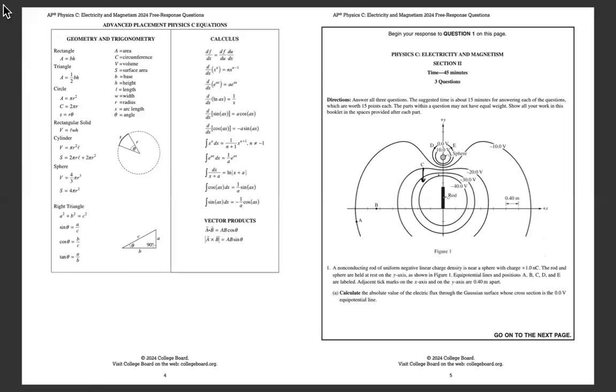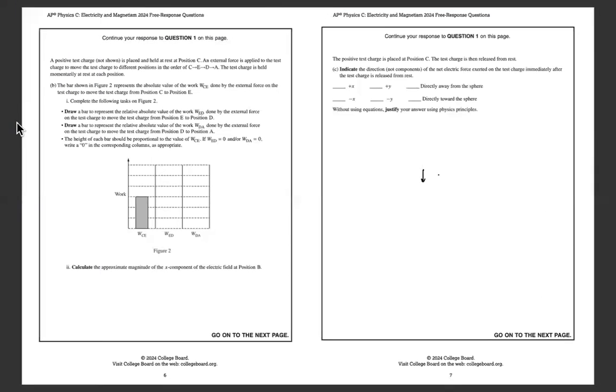This is so much nicer because I already have an idea as to how to solve these now. Same reasoning as the first one. The test charge repels from the sphere and attracts to the rod. And the electric force at C must be normal to the equipotential surface. All right, there we go.